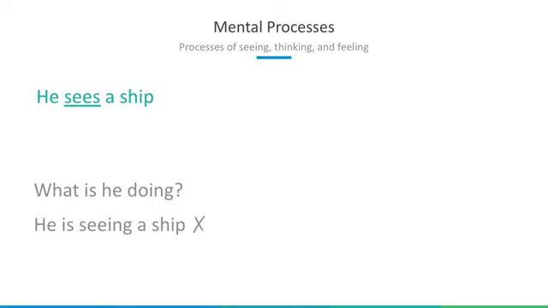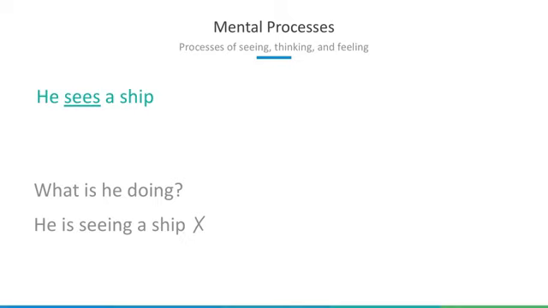Okay, he sees a ship. Now, seeing is a different process from standing and leaning and holding because seeing is not really an action. It would be kind of strange to answer the question, what is he doing now, by saying he is seeing a ship.